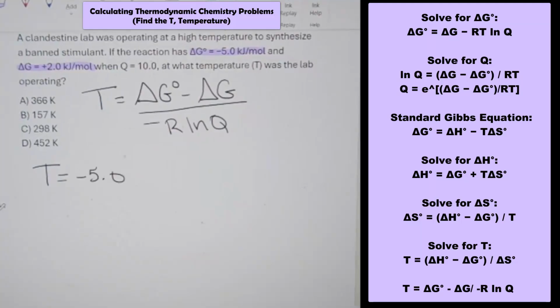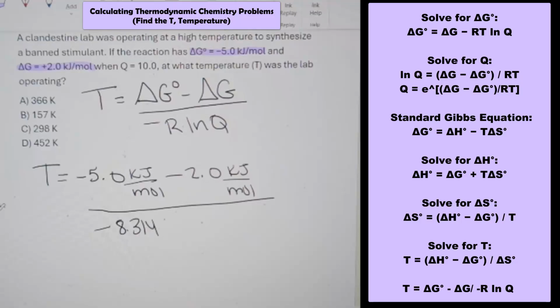Negative 5.0 kilojoules per mole minus, even though that says positive, remember there's a minus sign, 2.0 kilojoules per mole divided by negative 8.314 joules per mole dot Kelvin times the natural log of Q, which was 10.0.